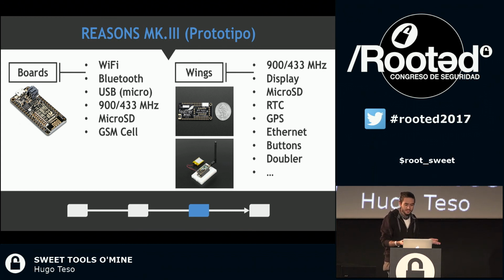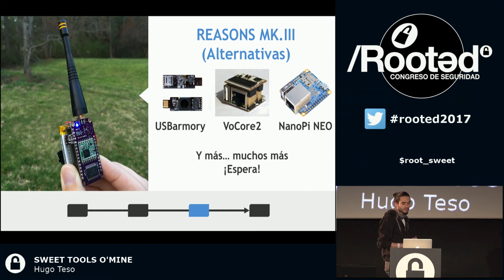And we can add different features to these boards. So you can add functionalities through different wings. And this allows you to have the specific hardware that you need. As you can see, they are very small in size, and they can be fed with the battery. So they are as small as this, and they are good enough to carry out attacks.